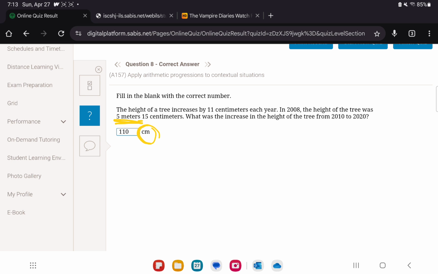So 5 meters to centimeters is times 100. So it's 500 centimeters. Okay, now we add the 15 centimeters. So 500 plus 15 is 515. So that's the height we started with in 2008.